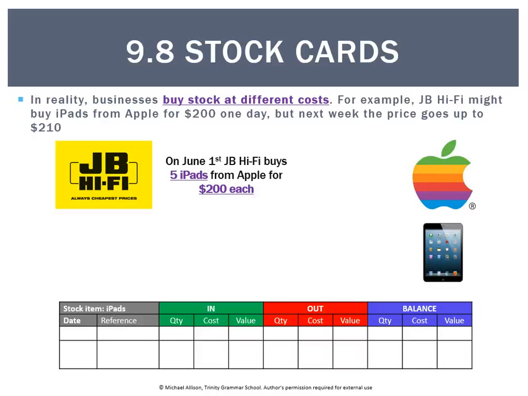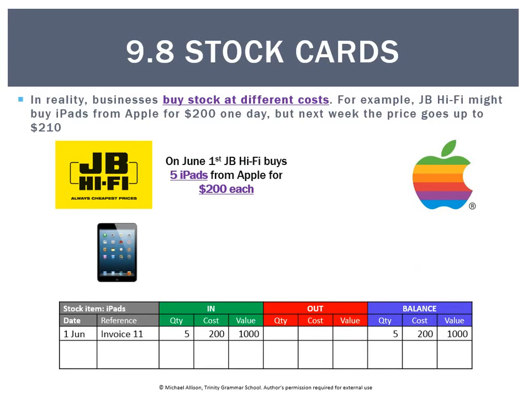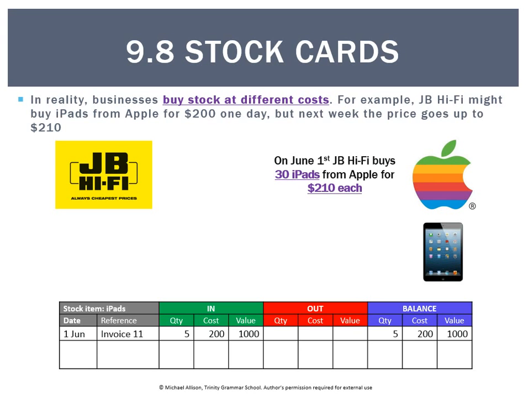So in this case, let's say on June the 1st, we bought 5 iPads from Apple at $200 each. That would go in, we can see the date, 1st of June. Reference was invoice 11. We've got 5 units coming in at $200 for a total of $1,000 and a balance of 5 at $200 for $1,000. What about later that day, we buy another 30 iPads for $210 each?